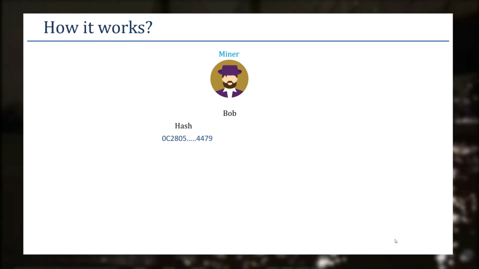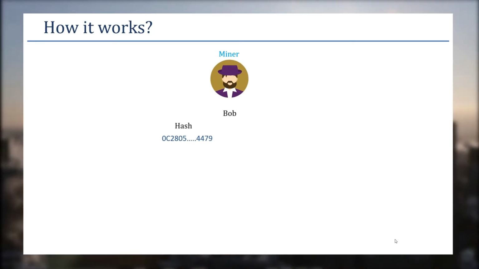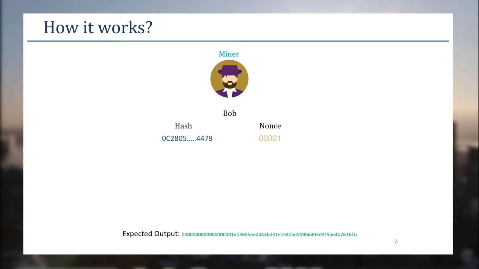Once they get this hash, they will get a nonce as well. This is the nonce that they repeatedly upgrade to match the expected output, which has a difficulty rate in the blockchain network. Initially it was created with a couple of zeros in those days, and when people started using faster and more advanced computation machines to do this mining process, the difficulty was reduced because people could quickly find the nonce and do the mining so fast.